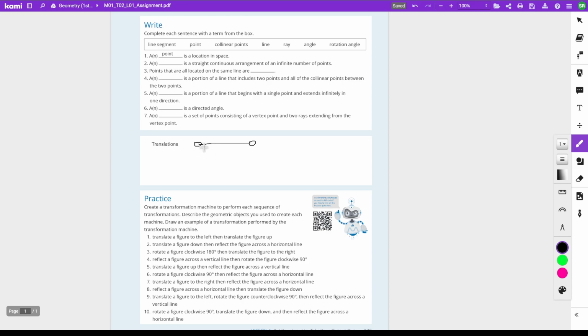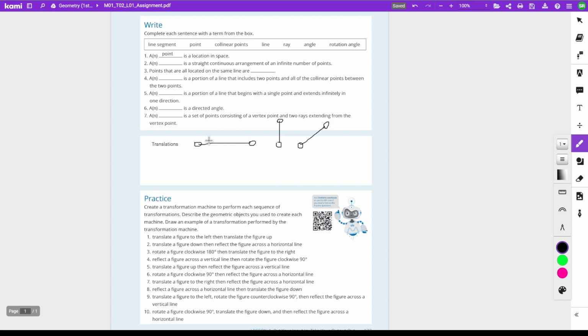Okay, and these line segments can either be horizontal, they can be vertical, they can even be diagonal. Although for this assignment, they're pretty much primarily just going to be horizontal and vertical.